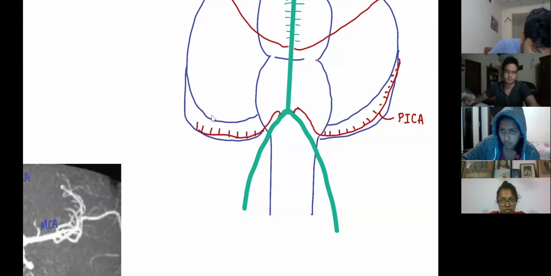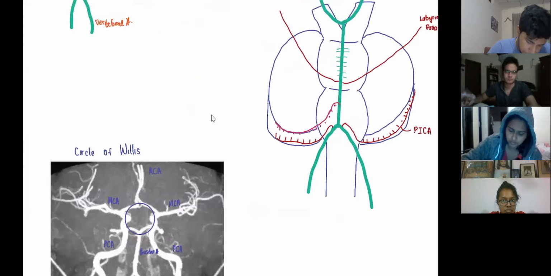And we have one which is originating anteriorly. Let me draw it anteriorly. This is called the AICA, anterior inferior cerebellar artery. Look at this. This is the base of the cerebellum.